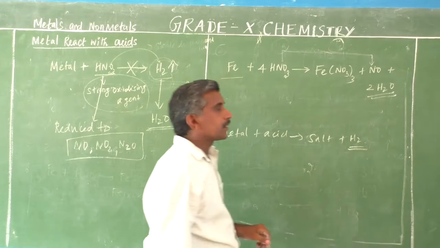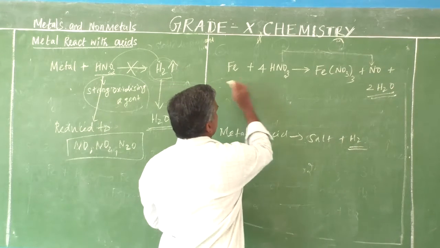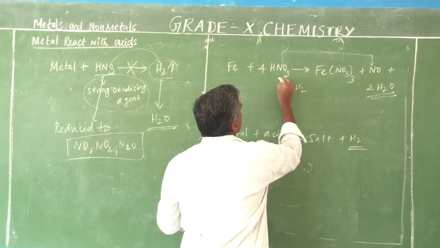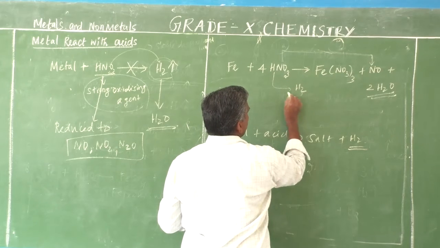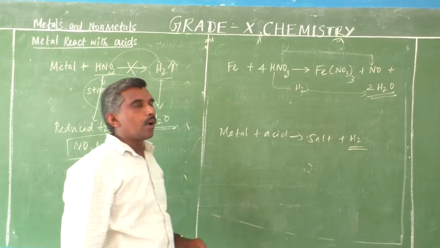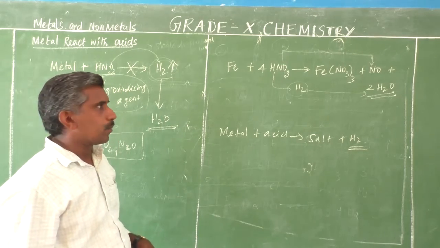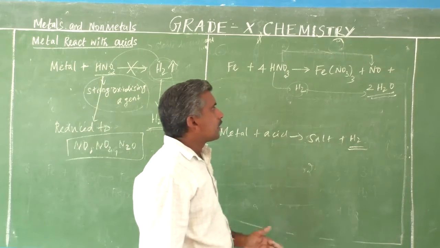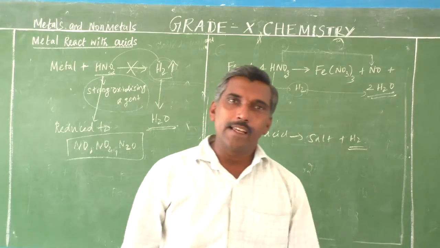Generally the metal reacts to give hydrogen, but here the nitric acid acts as an oxidizer, and hydrogen is oxidized to water molecule. So this does not produce hydrogen gas.